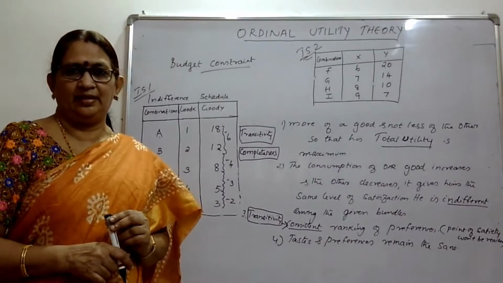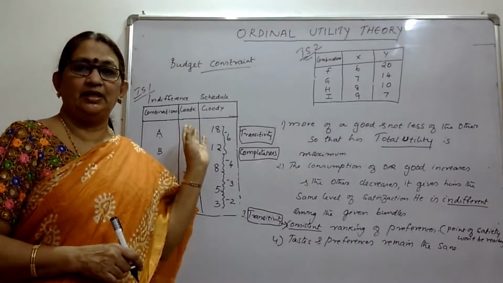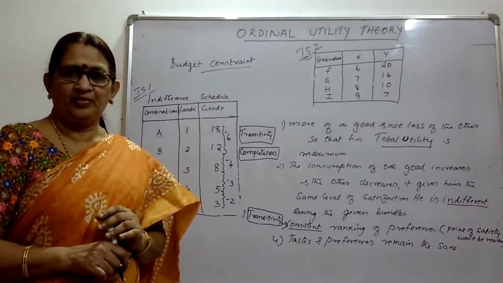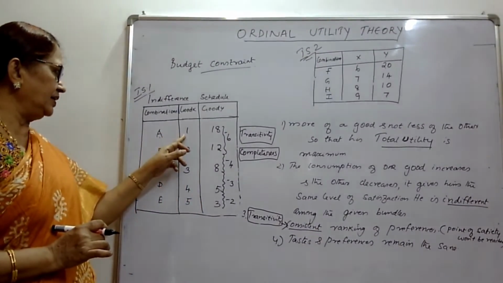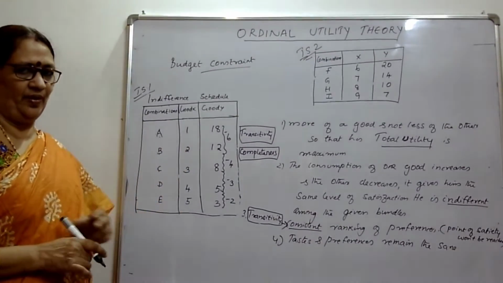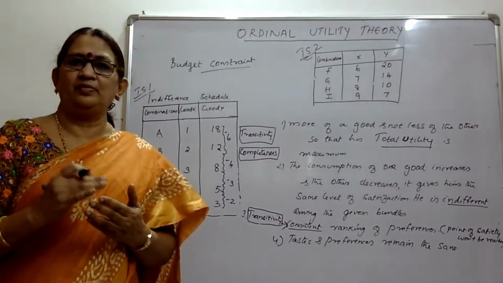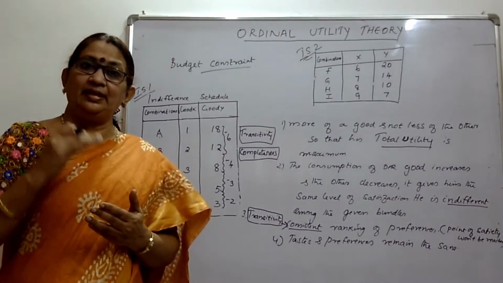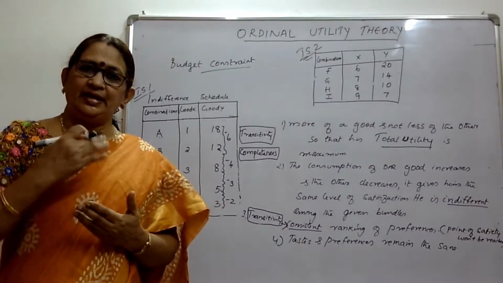What is the reason? Here the law of diminishing marginal utility functions. That we have already seen. The consumption increases from 1 to 2, 2 to 3, 3 to 4, 4 to 5 of X commodity. When the consumption of one commodity increases, the satisfaction derived from that commodity decreases.